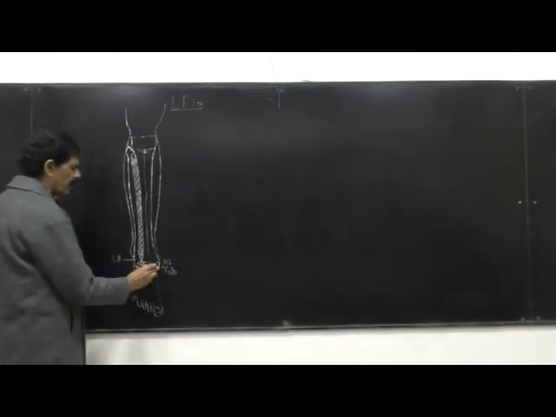And below is the foot, and we know all the articulations of the tarsal bones in the foot. So this was the talus, which articulates with the lower end of the tibia to form the ankle joint.